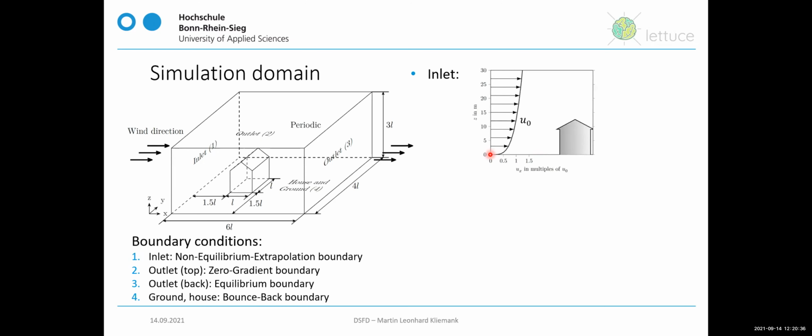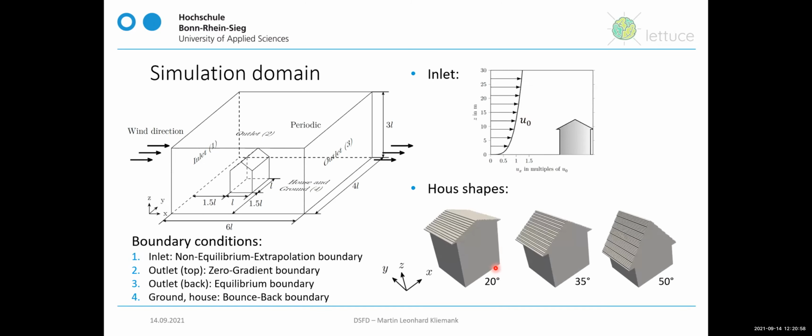On the inlet, I'm using a typical exponential velocity profile to determine the wind speed depending on height. As you can see, the standard velocity is always at the height of the ridge of the roof.